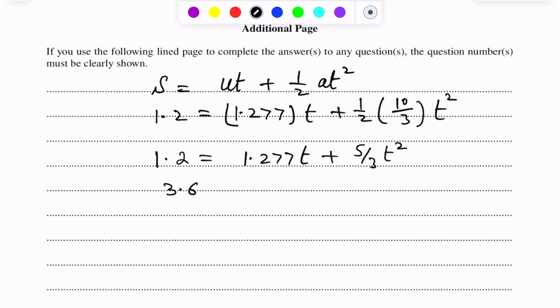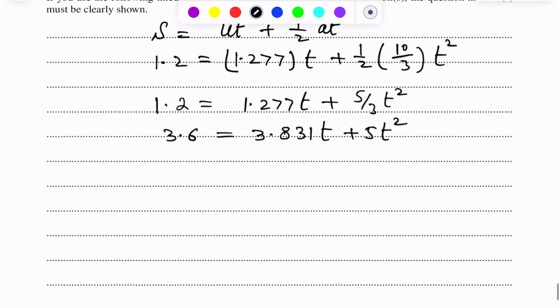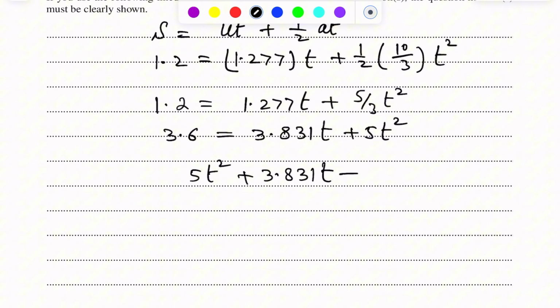So we get 3.6 is equal to 3.831t plus 5t square. Rearranging this equation, we get 5t square plus 3.831t minus 3.6 is equal to 0.